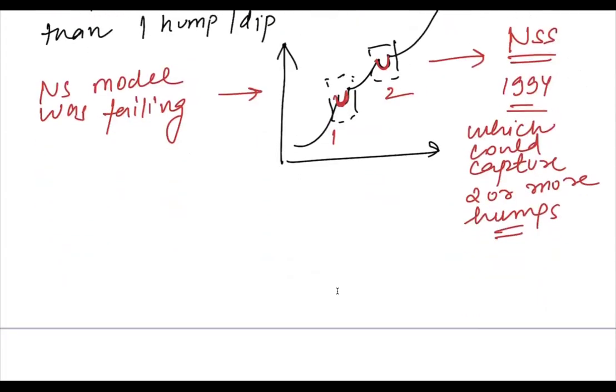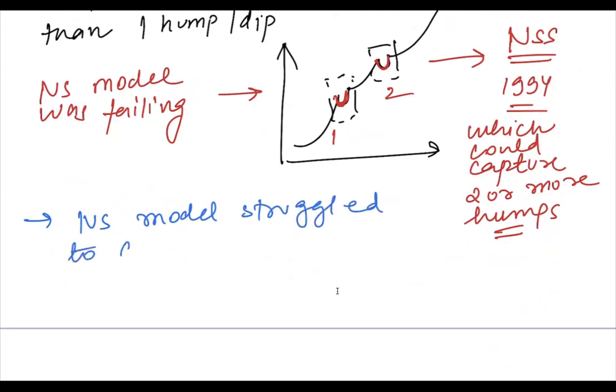So let me rewrite this. Nelson Siegel model struggled to capture complex shapes of the yield curve.